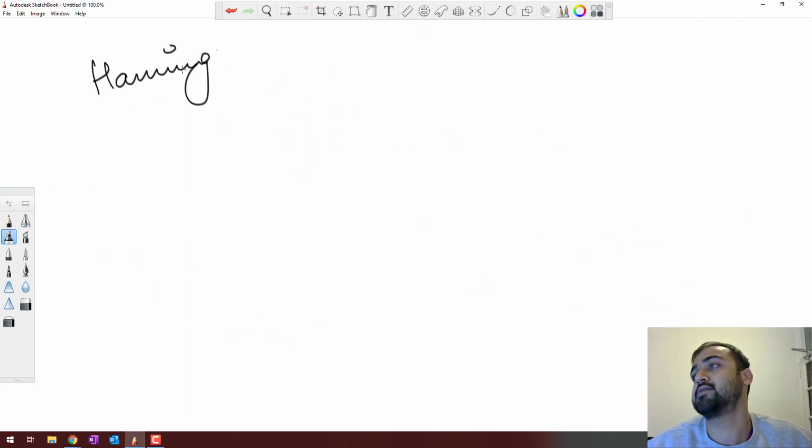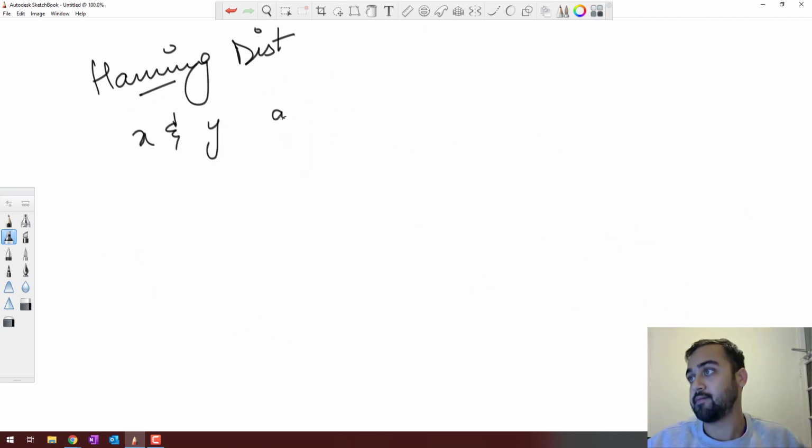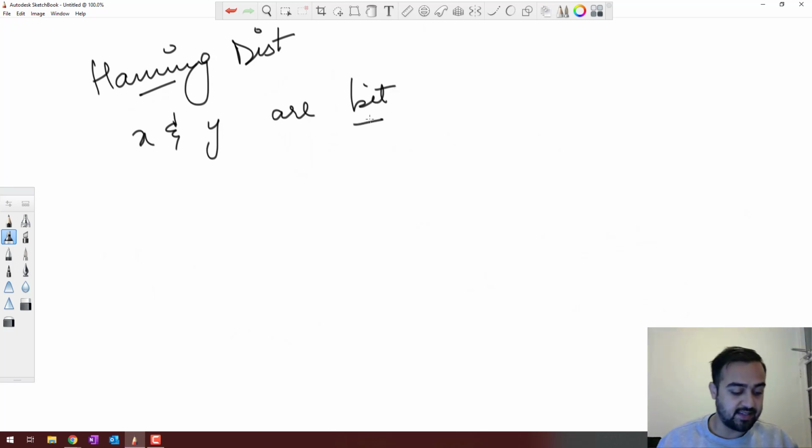Hamming distance, it is a double M. If x and y are bit strings, then the distance is the number of bits to be flipped in order to convert x into y.